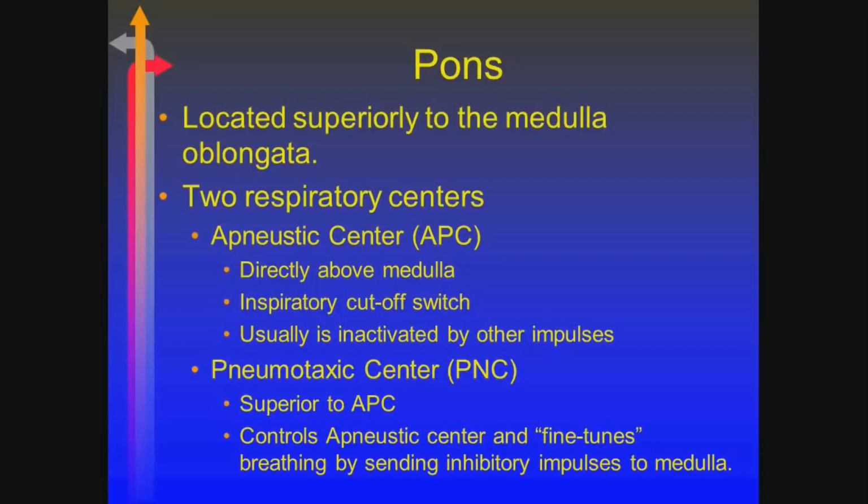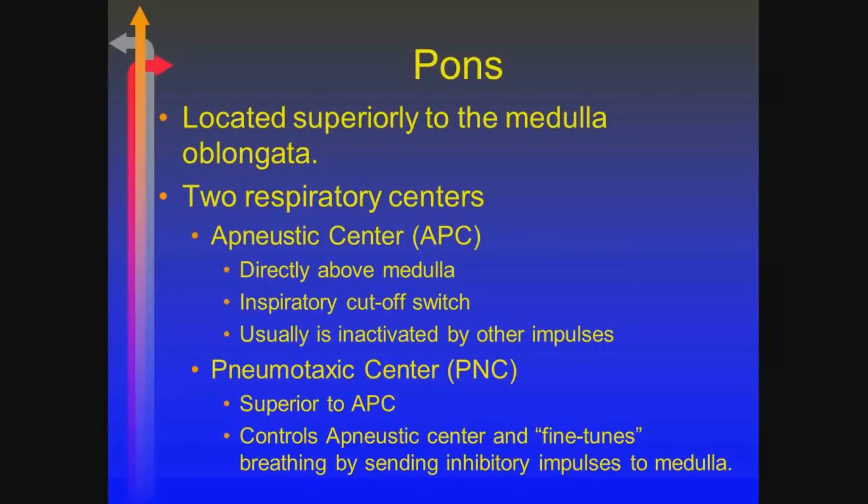The pons is located above the medulla oblongata, and it has two centers also that I want you to know the names of. One is called the apneustic center, and one is called the pneumotaxic center. So the impulse from the medulla oblongata, from the dorsal group, goes out to the diaphragm to begin contraction.